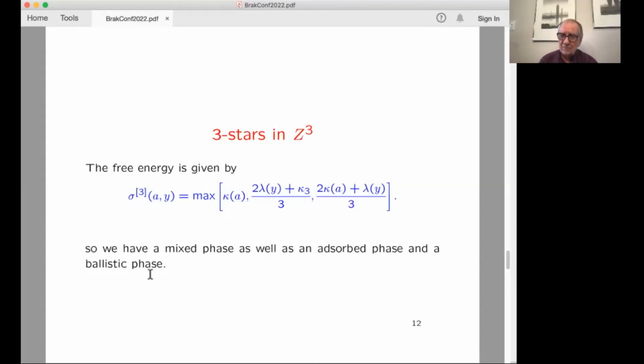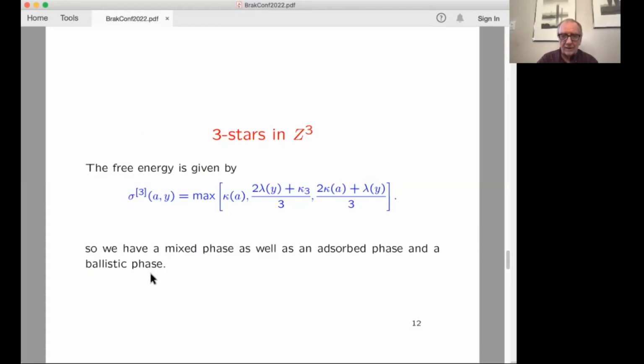That's the 2 times lambda of y. And the third branch is flopping around. It's free. It's neither adsorbed nor in a ballistic phase. And the third one has 2 of the branches, 2 kappa of A plus lambda of y over 3. So 2 of the branches are adsorbed, and 1 of the branches is pulled off the surface.